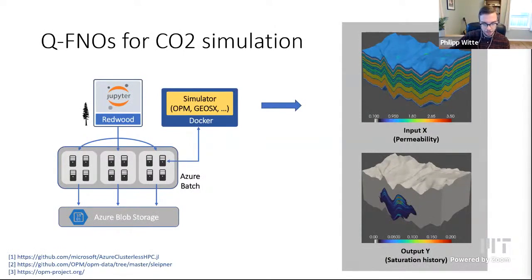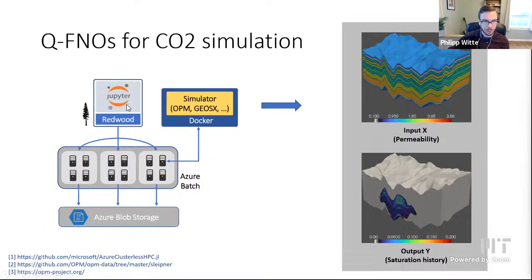This is now kind of the second column that I wanted to address about generating training data. So since obviously I'm from Microsoft Azure, we use Azure or cloud platform to simulate the training data in parallel. And the way we do that is we use a distributed programming framework written in our group called Redwood, which allows you to basically run parallel workloads on Azure on top of one of the cloud services for batch computing.